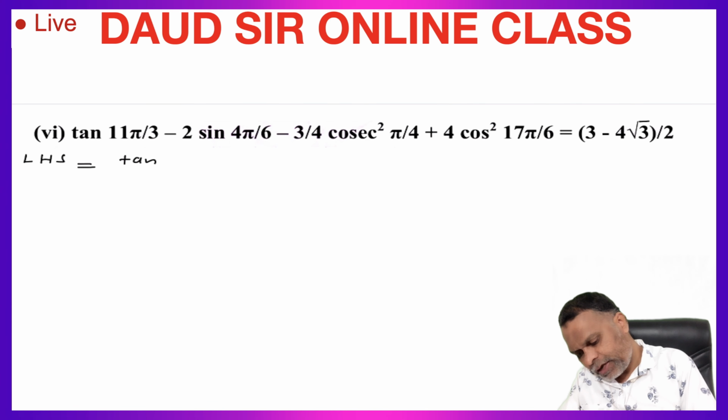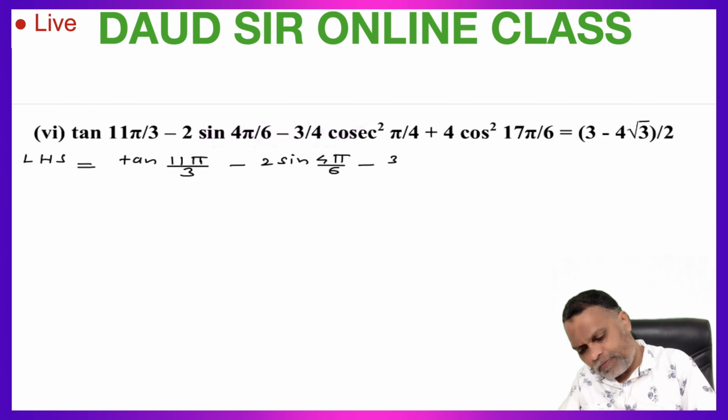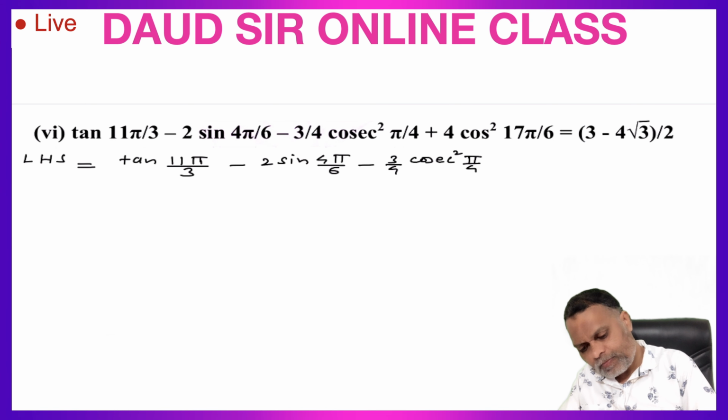tan 11 pi by 3 minus 2 sine 4 pi by 6 minus 3 upon 4 cosec square pi by 4 plus 4 cos square 17 pi by 6.